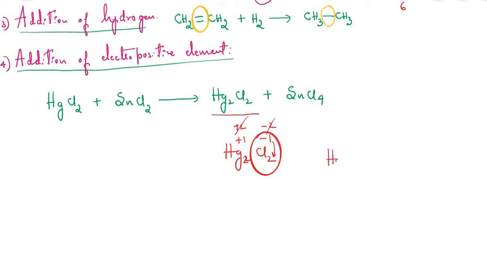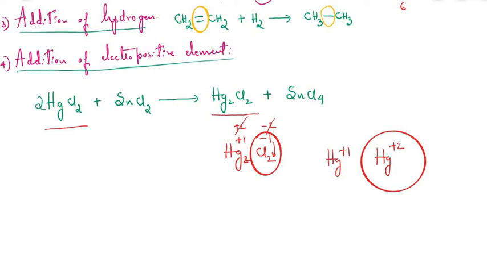Hg, if it is present in +1 state, it is called as mercurous, whereas the Hg, if it is present in +2 state, it is called as what? Mercuric chloride. So therefore where is mercuric chloride in the reaction? In the LHS side we are having what? Mercuric chloride, right? So therefore I have to multiply this LHS by means of what? 2HgCl2 here.